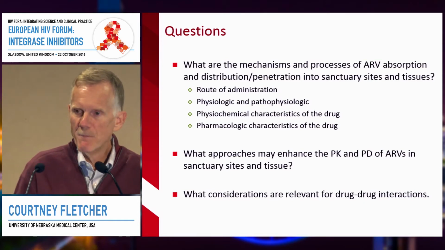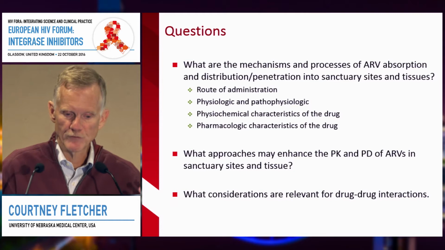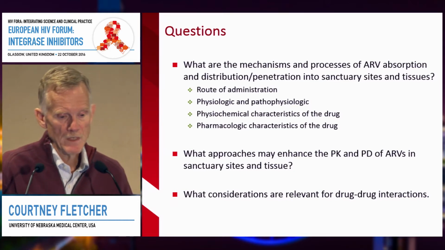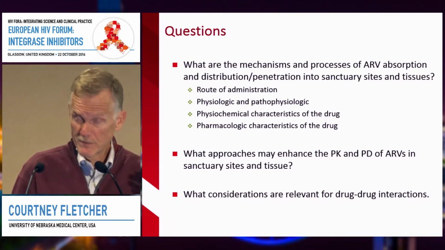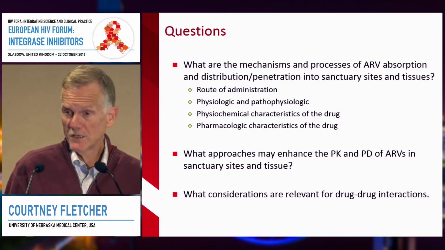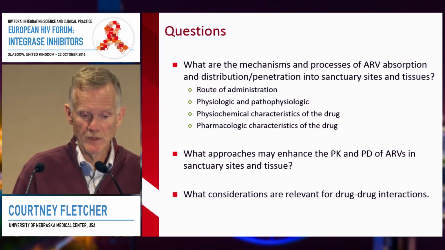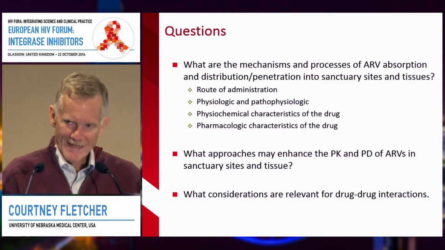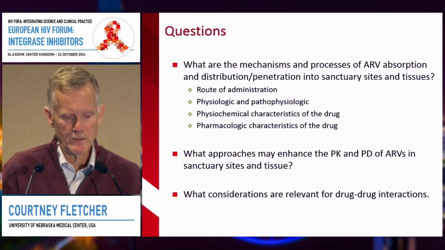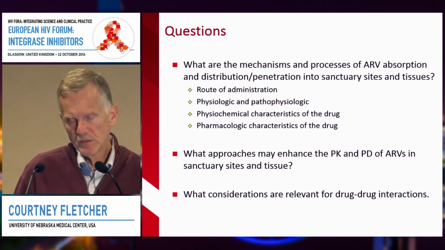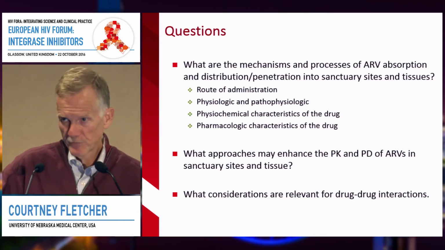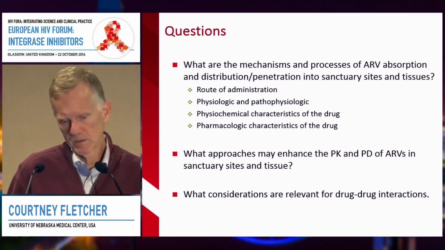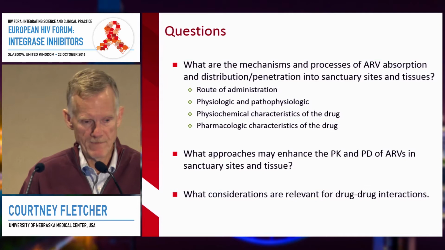Talk a little bit about mechanisms and processes by how drugs are absorbed, how they distribute, how they penetrate into various tissues, what might be the effect of route of administration on that, physiologic and pathophysiologic issues, characteristics of the drug, and then if we want to try to enhance delivery into tissues, how might we do that? And finally, just a few things on drug-drug interactions. Professor DePerry will have a session later in this program that I think he'll say a lot more about that.